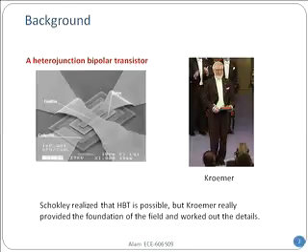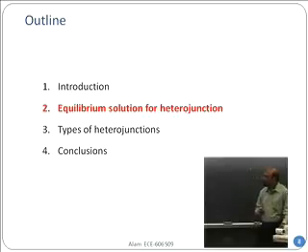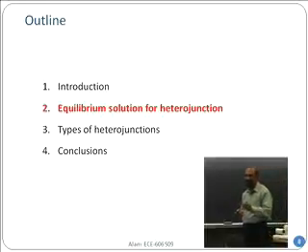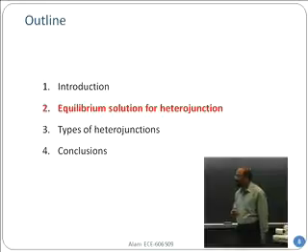He was, of course, a genius of the highest order, but the actual potential of how to use it and a wide variety of ingenious techniques are all due to Kroemer. Kroemer essentially worked out all the details, and so he is primarily credited with this technology. So after all these interesting stories, getting back to the business of the equilibrium solution.